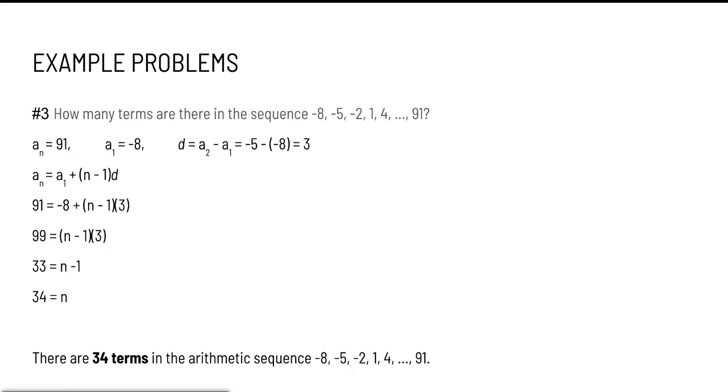So, since n equals 34, it follows that a sub 34 is equal to 91, which indicates that 91 is the 34th term of the sequence. So, there are 34 terms in the arithmetic sequence -8, -5, -2, 1, 4, until 91.